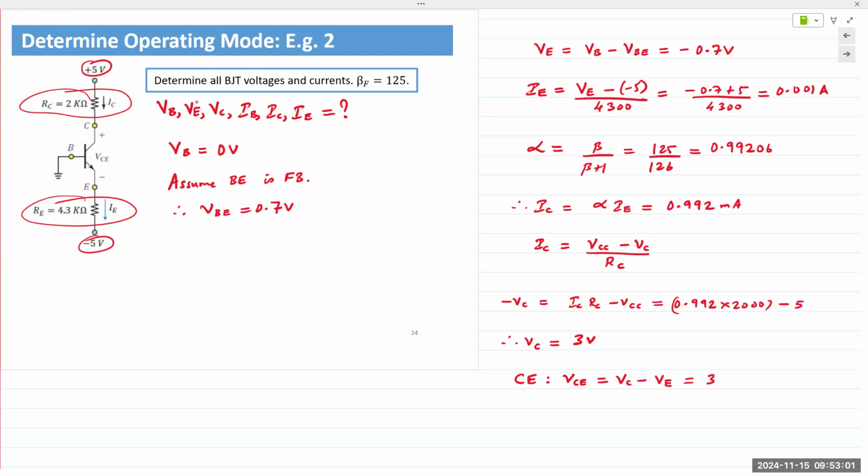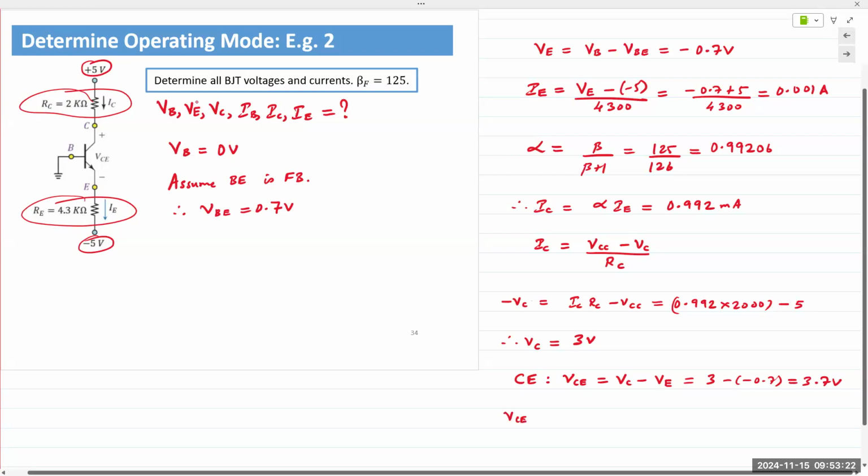And 3 minus minus 0.7, so 3.7 volts. So VCE is much larger than 0.4 volts. Not saturation.